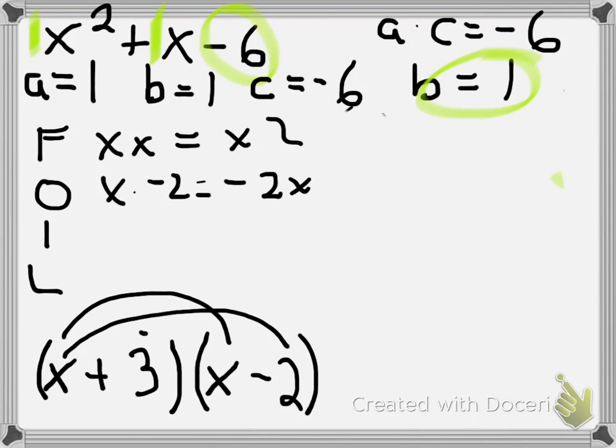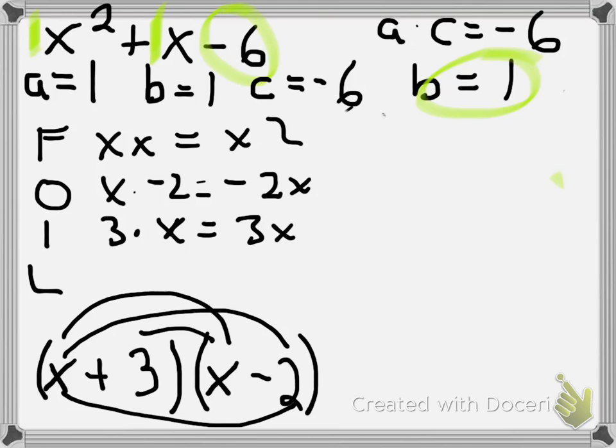Then I want to do the inside, 3 times X, which is 3x. And then I want to do the last ones, I just made a mistake there. I want to do the last ones, 3 times negative 2, which is negative 6.